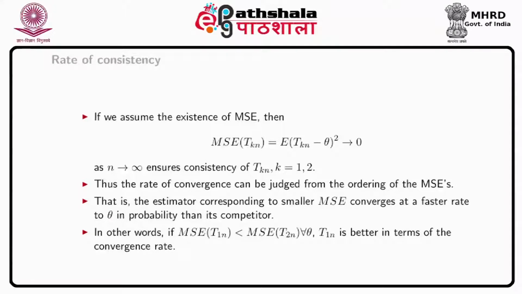That is, the estimator corresponding to the smaller MSE converges at a faster rate to theta in probability than its competitor. In other words, if MSE of T1n is less than MSE of T2n for all theta, T1n is better in terms of the converging rate. But again, such a comparison involves huge calculation and hence lacks practical feasibility.